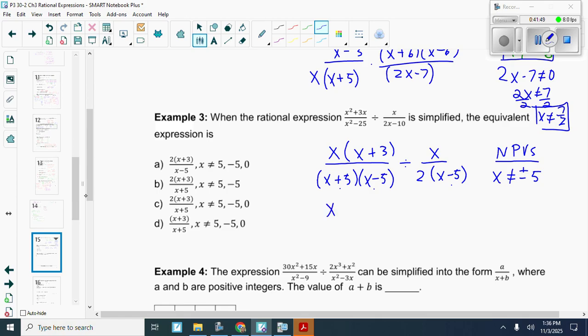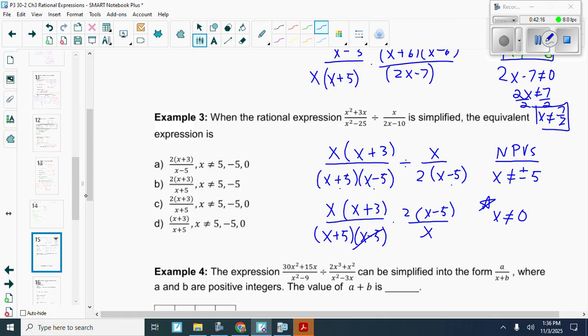And then we're going to kiss and flip, all over x. So this is the important stuff. Don't forget, we've now introduced a new non-permissible value once we've multiplied by the reciprocal. So the answer has to have at least 3 in them.